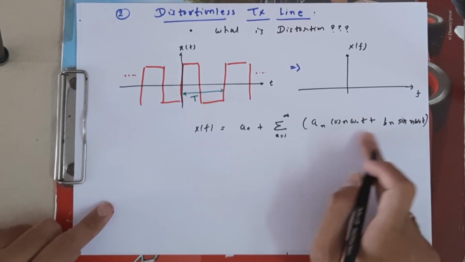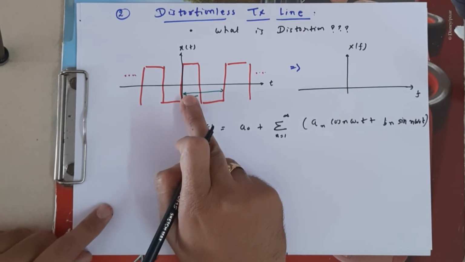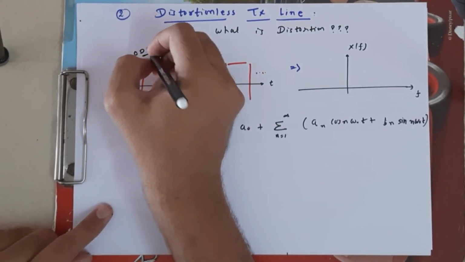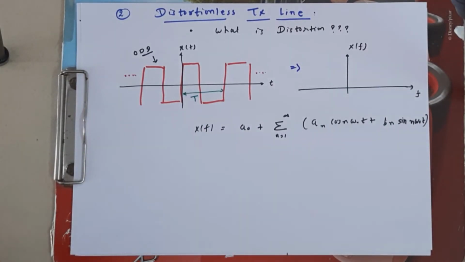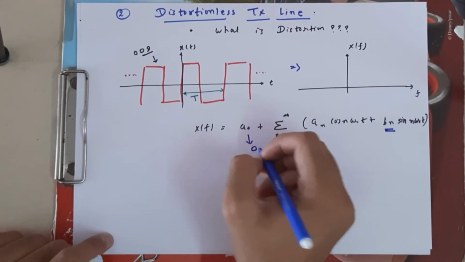So there are so many harmonics present here, but is the given signal even or odd? The given signal is an odd signal. Whatever signal I have to draw is an odd signal, so only which part is present? If the signal is odd, only bn is present. What should be the value of a0?